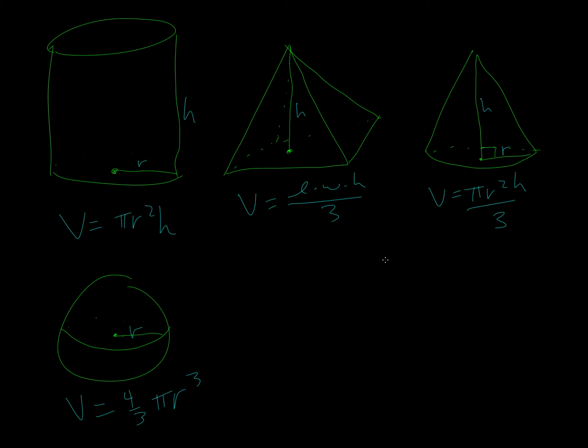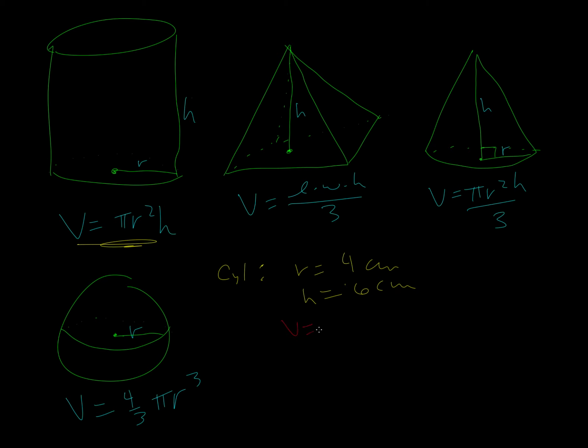Okay, what we're going to do now is just try some problems. I'll jump around through the types that we're going to do. We're given that it's a cylinder, and the radius is 4 centimeters, and the height is 6 centimeters. So we look to this formula and just plug it in.